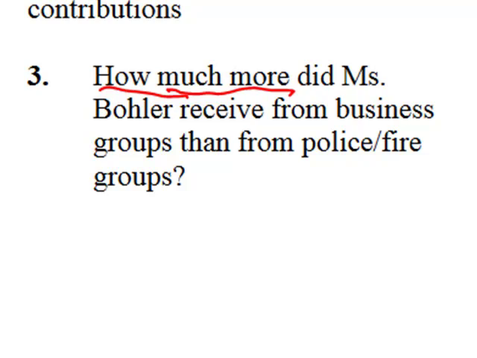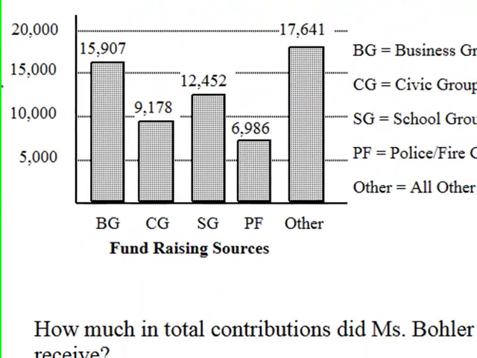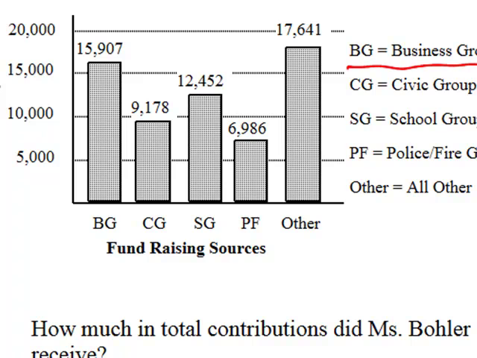So we have to look at the business groups. Let's see, that's right here, business groups, BG, and that value is $15,907 raised. And how much more did she receive than the police and fire, which you see right here is the PF, and that number is 6,986.